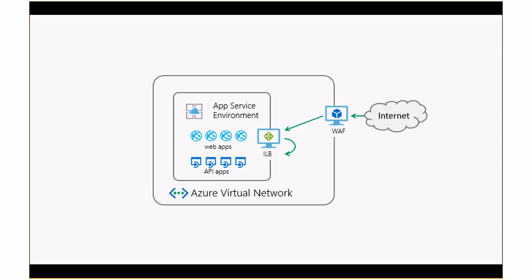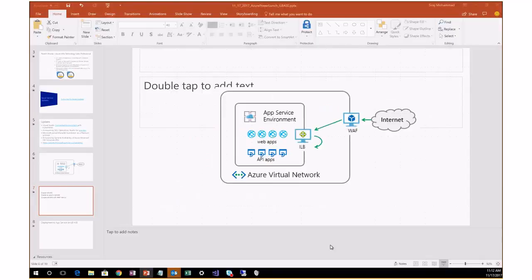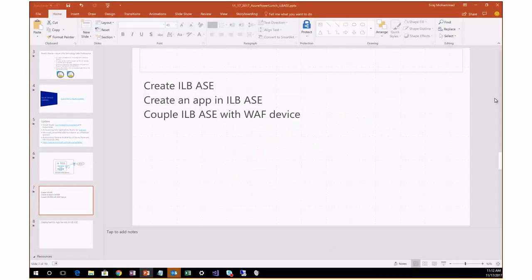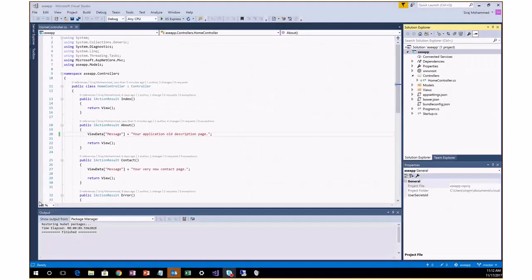Then you can deploy an application gateway or any other firewall in your VNet, and that firewall can point to your ILB endpoint, and then your applications can be accessed from outside your network or from the public internet. In today's session, I'm going to show you that quickly. Let me switch to my demo environment.